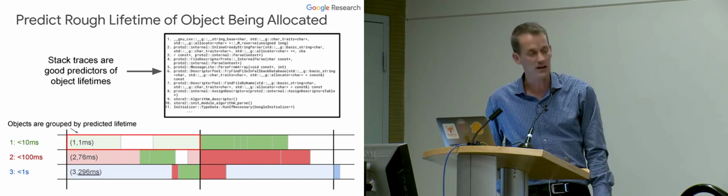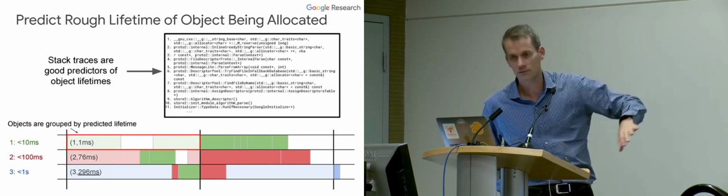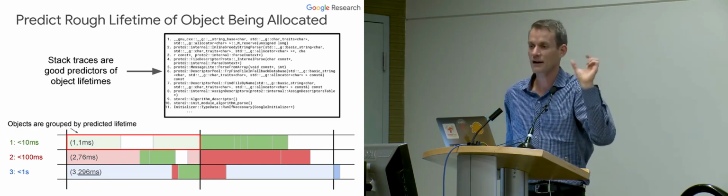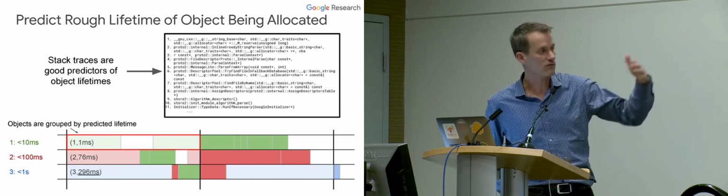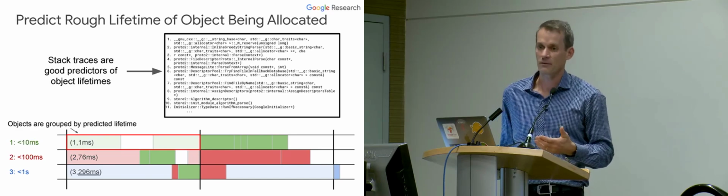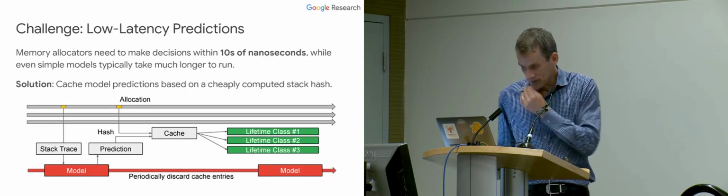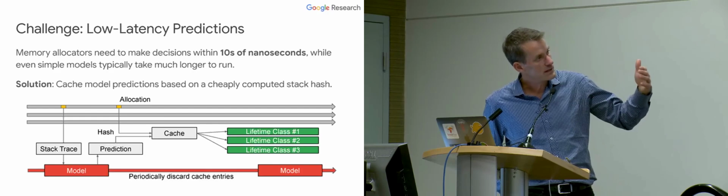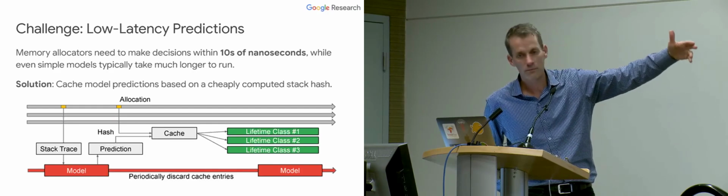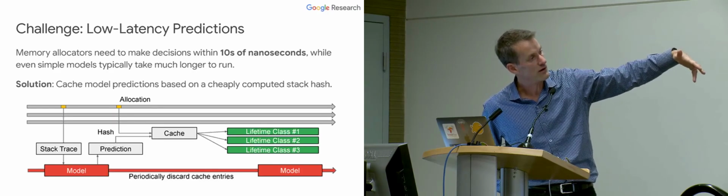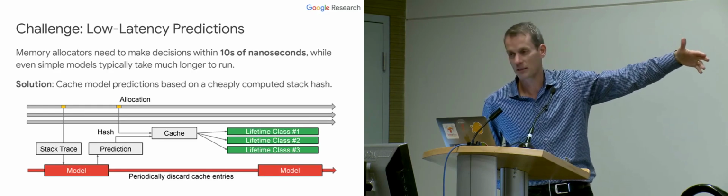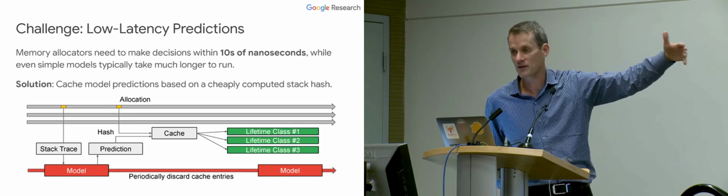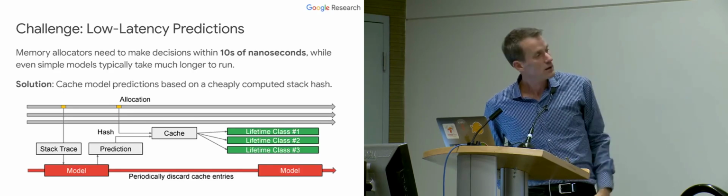Three different age buckets, where the actual bracket of time defined by the age bucket might vary by program, but roughly small, medium, and long-term objects. And so you can use this and decide, based on that stack trace, which of the lifetime buckets this object is likely to be in, and then use perhaps a different page to put that object on.